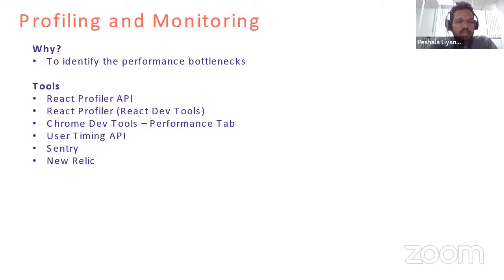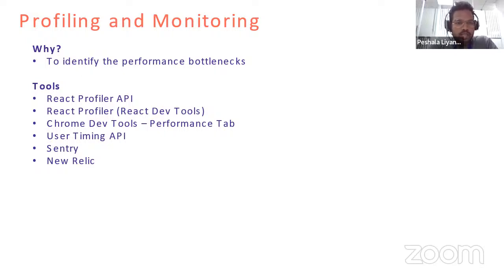To optimize the application and to identify the components and places where the optimization should happen, we should have an approach to identify these performance bottlenecks. This is the place where we need profiling and monitoring.